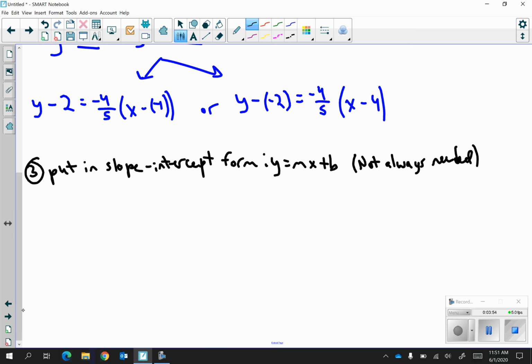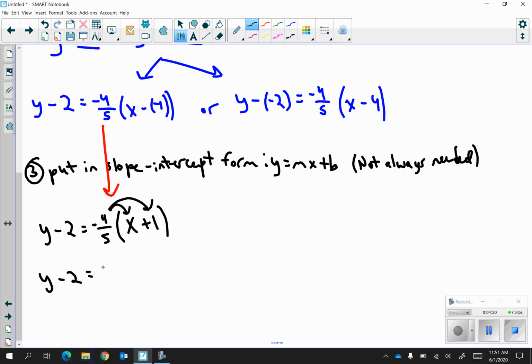In order to get it into slope intercept form, let's use the first one. You're going to have y minus 2 equals negative 4/5 times x, and minus negative 1 could be plus 1. From there, you're going to work on getting the negative 4/5 distributed. So you have y minus 2 is equal to negative 4/5 x minus 4/5. And then you're going to add 2 to both sides.